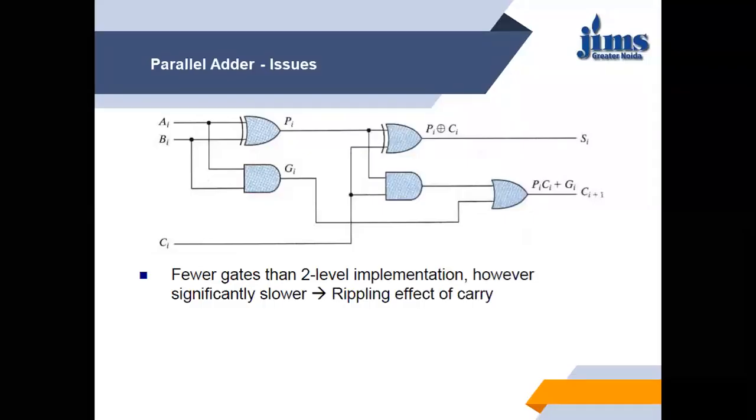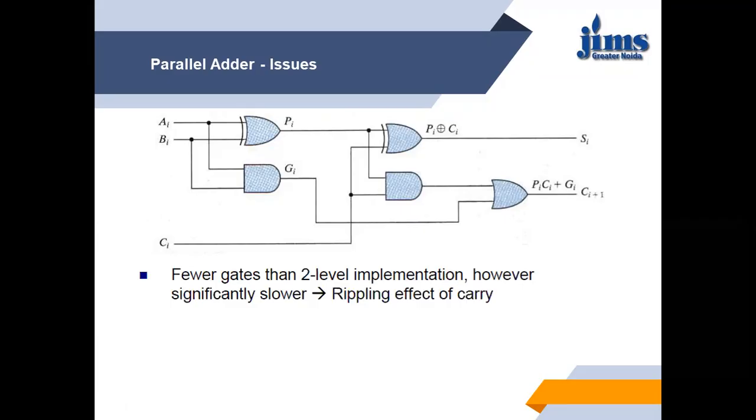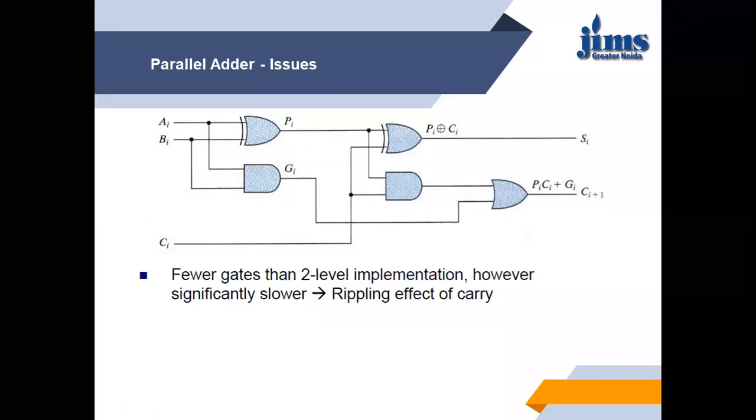Now, fewer gates than a two-level implementation have a significantly slower rippling effect of carry. If we look into this circuit, this is level 1, this is level 2, and this is level 3.